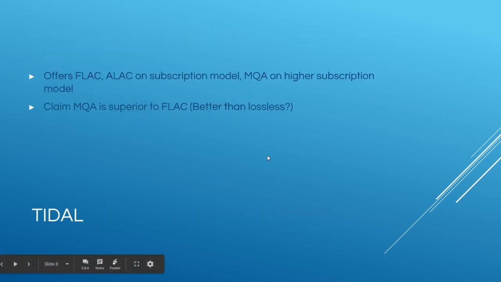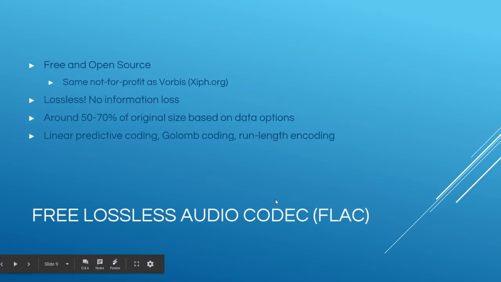Tidal is somewhat newer. It offers a high subscription tier where you can get FLAC, and another higher one where you get MQA. They make the claim that MQA is superior to FLAC. Can it really get better than lossless? FLAC stands for Free Lossless Audio Codec.